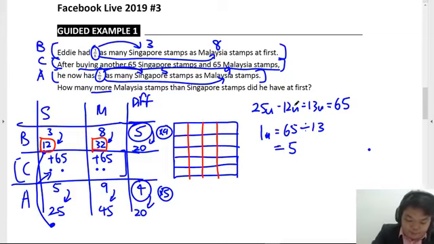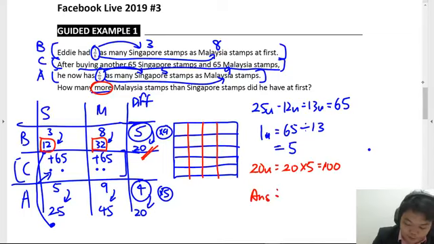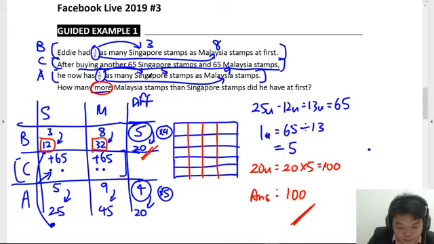The other way is to see that this refers to the difference at the beginning. So there's a total of 20 units. 20 units must be 20 times 5 will give you 100. So your answer here will be 100. Okay?